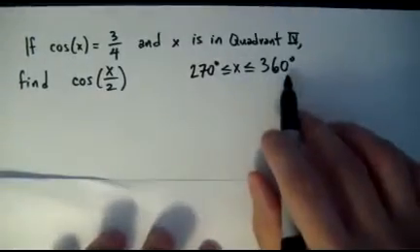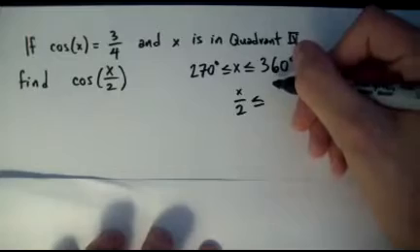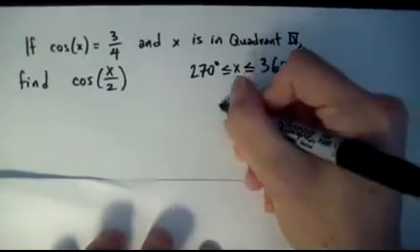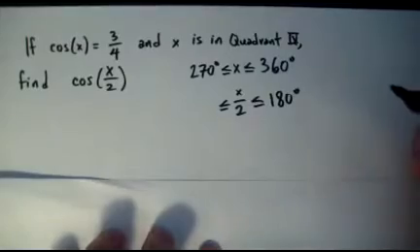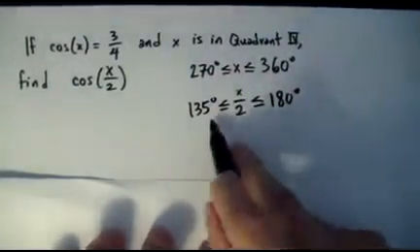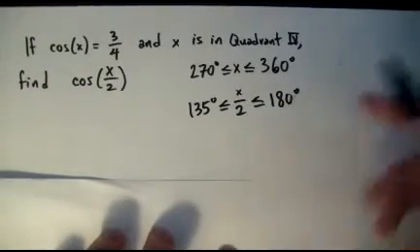So if that's what x falls in, then x over 2 will be less than or equal to 180 degrees and greater than or equal to 135 degrees. And if you think about what that range is, it's within quadrant 2, right?